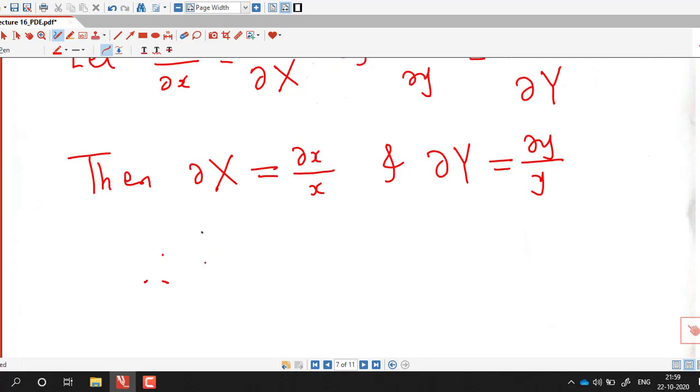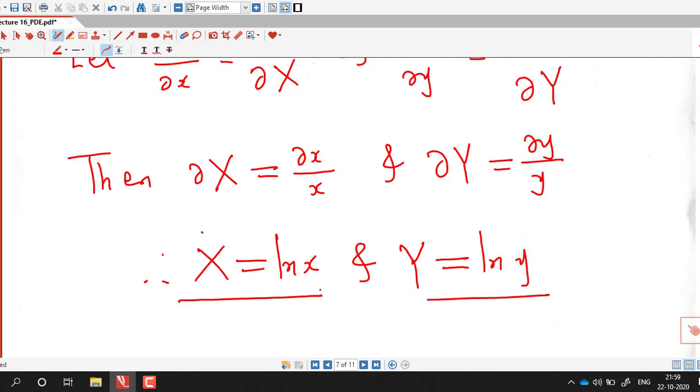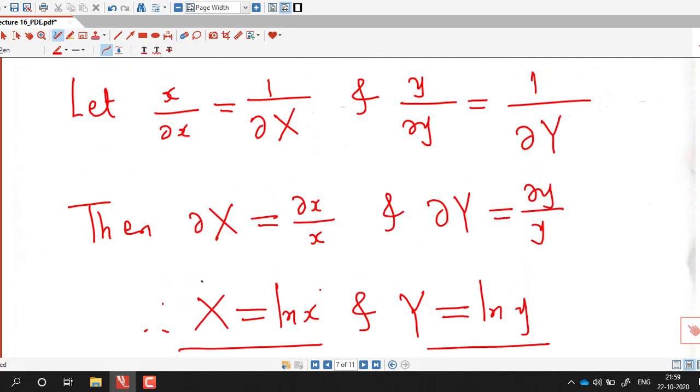If we integrate, we obtain capital X equal to log x and capital Y equal to log y. Okay, so we will require these two after solving.